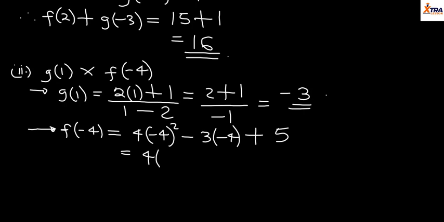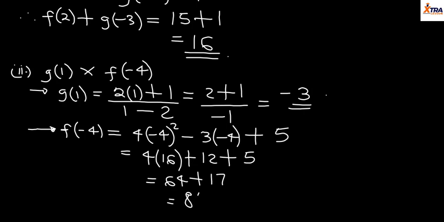We have 4 times minus 4 squared, which simply means minus 4 times minus 4, giving us 16, so 64. Minus 3 times minus 4 gives us plus 12, plus 5, giving us 64 plus 17, and then we have the final answer of 81. So that is my f of minus 4, and I've also gotten my g of 1.